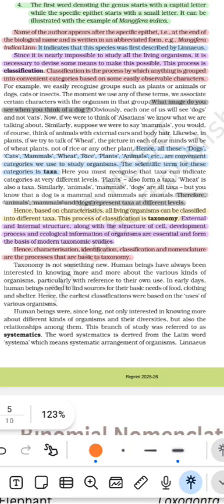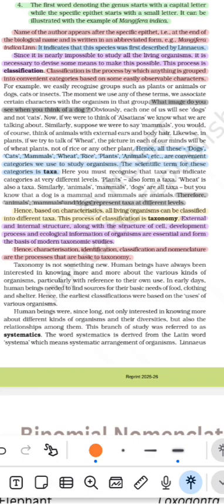Human beings have always been interested in knowing more and more about the various kinds of organisms, particularly with reference to their own use. In early days, humans needed to find sources of their basic needs: food, clothing, and shelter. Hence, the earliest classifications were based on the use of various organisms.